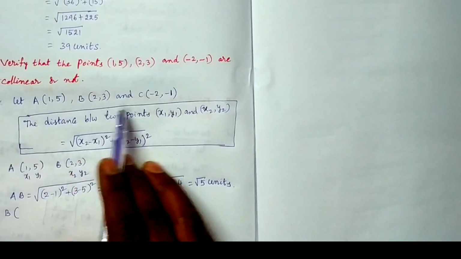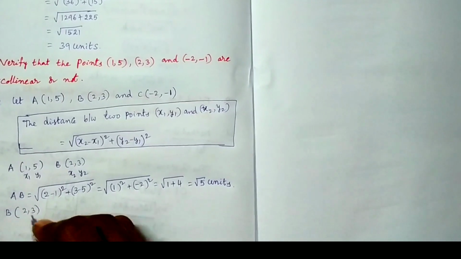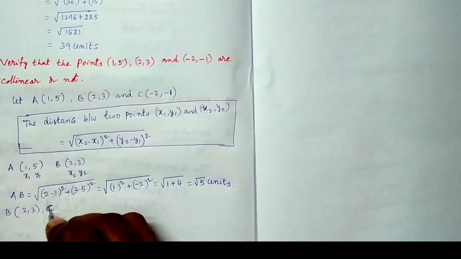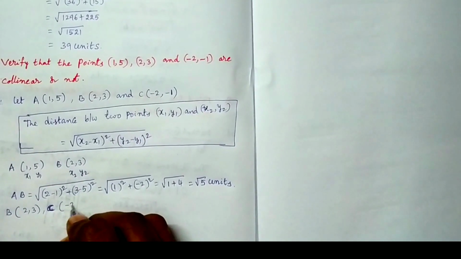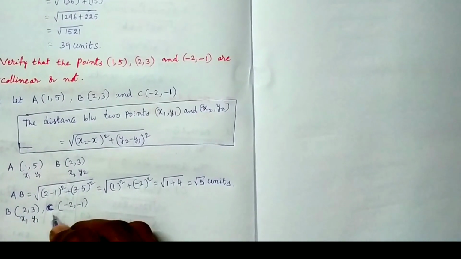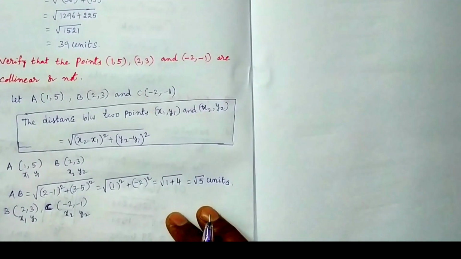Now we have to find the distance between B and C. So take B (2, 3), C (-2, -1). Take as x1, y1, x2, y2.